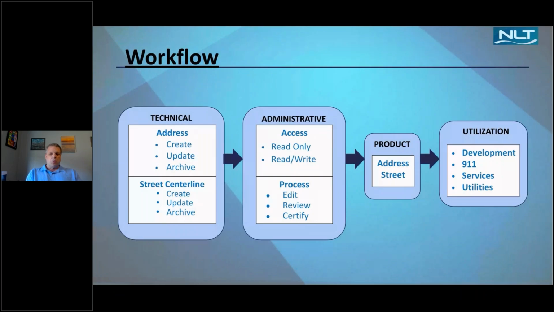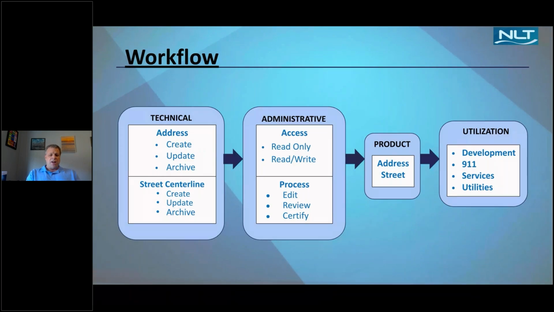So with the maintenance application, you can start developing certain workflows. In this example, it talks about the different components. You have the technical aspect, where you're actually manipulating the address information through a desktop tool or web interface, however it presents itself.